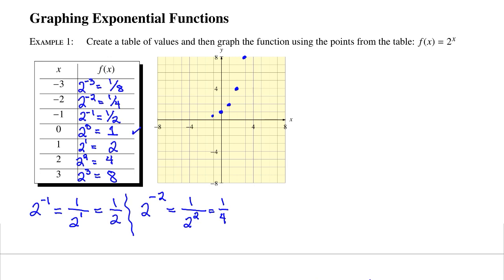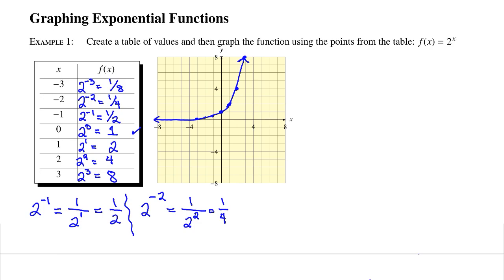Negative 2 and 1/4, and negative 3 and 1/8, something like that. And as you move further to the left, these values get closer and closer to the x-axis. So we're just going to draw it right here like this, and then sweep it up through these points here. As we move further and further to the right, the values increase without bound.